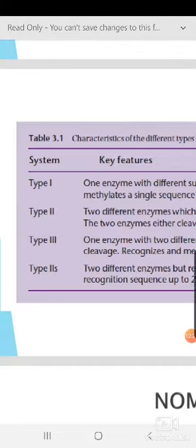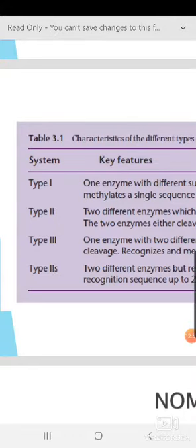This type 1 enzyme modifies before it cuts. Its recognition sequence is an asymmetric sequence. What sequence? Not the palindromic sequence which I have shown; it recognizes an asymmetric sequence. This type of enzyme requires cofactors. It requires ATP and S-adenosyl methionine, SAM, as a methyl donor.